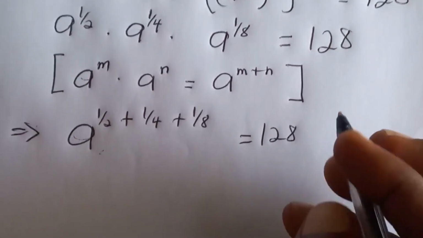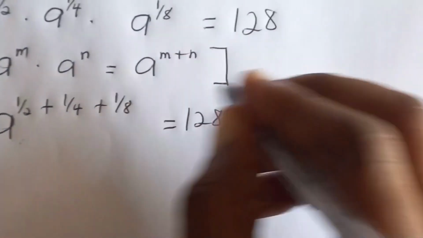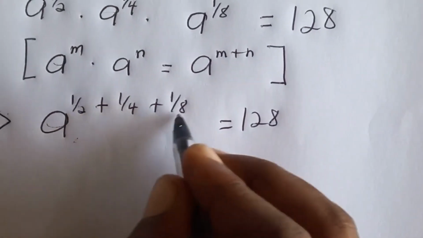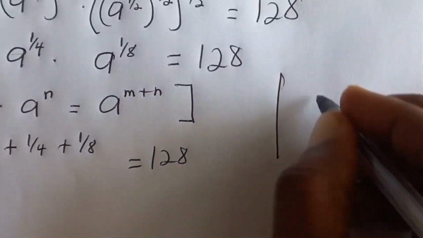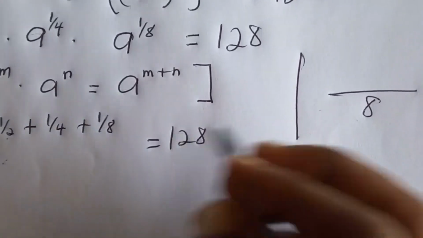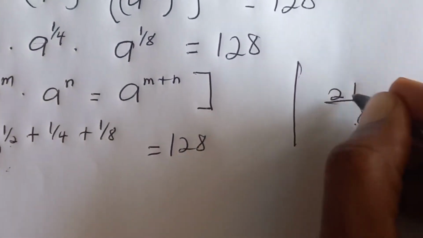Okay, so now for 1/2 plus 1/4 plus 1/8, the LCM is 8. So 2 goes into 8 2 times, so 2 times 1 is 2.